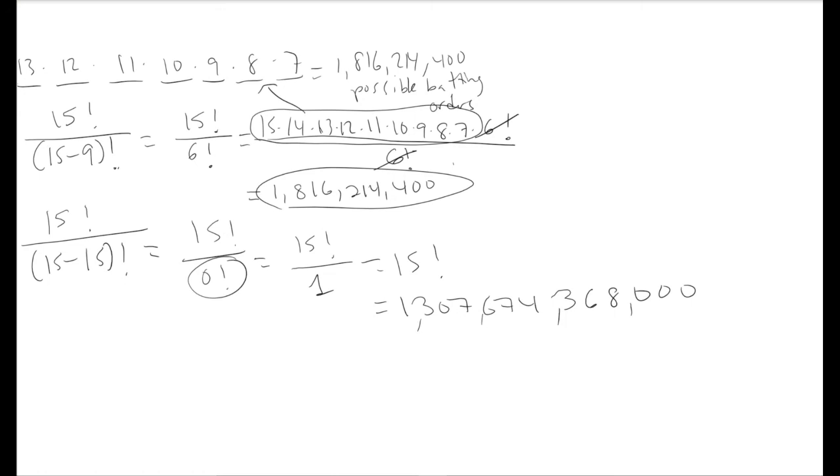We have 1,307,674,368,000 possible batting orders. And that's just for 15 players. That's insane.